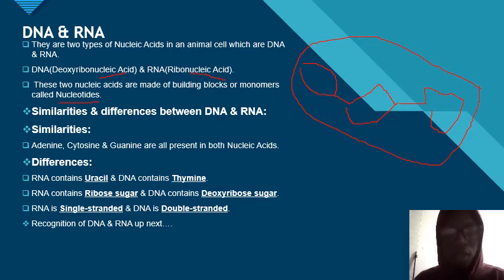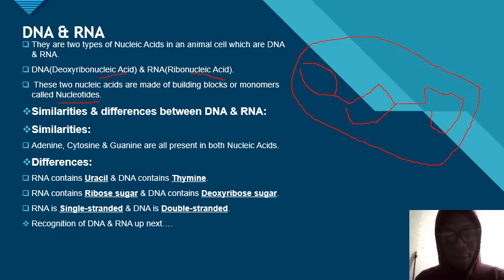The similarities and differences between DNA and RNA. The similarity is that both nucleic acids have adenine, cytosine, and guanine. The major difference is that RNA contains uracil and DNA contains thymine.